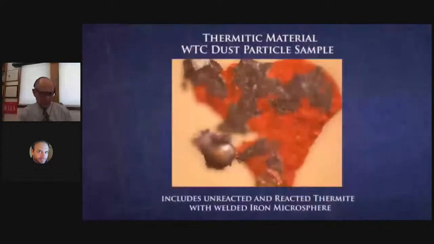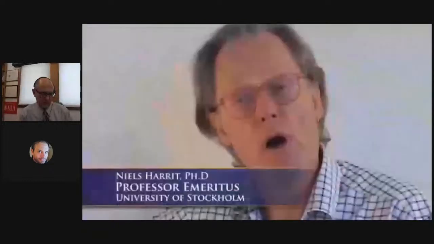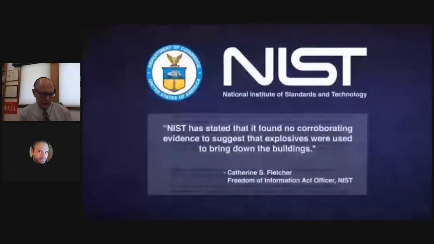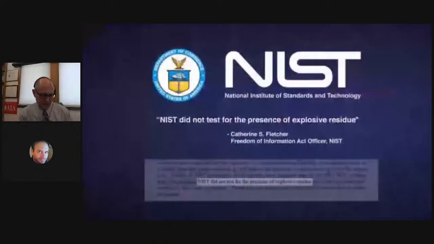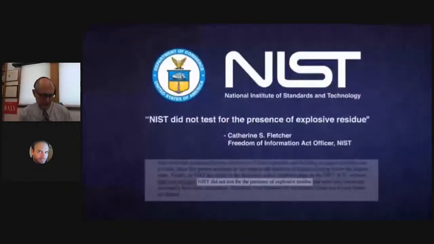In the dust, what we have found is a modern version of thermite, which we call nanothermite. NIST concedes that they found no evidence for explosives. So then we asked them, well, did you look? And they said, no, we did not look for explosives or residues of explosives. And in fact, the evidence is overwhelming that these red-gray chips are very high-temperature incendiaries.